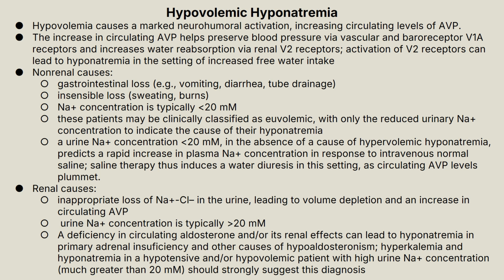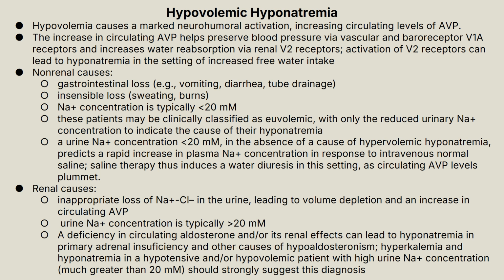Now, the non-renal causes of hypovolemic hyponatremia include gastrointestinal loss, such as vomiting, diarrhea, tube drainage, and insensible loss, such as sweating. The urinary sodium concentration is typically less than 20 millimoles. These patients may be clinically classified as euvolemic, with only the reduced urinary sodium concentration to indicate the cause of their hyponatremia.